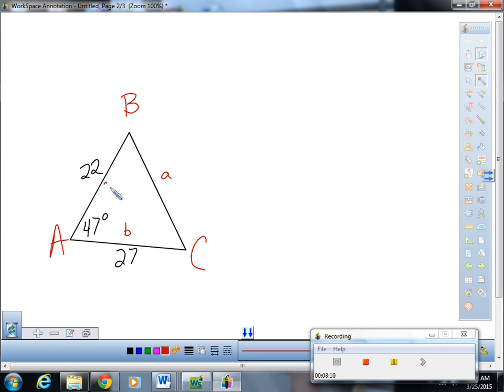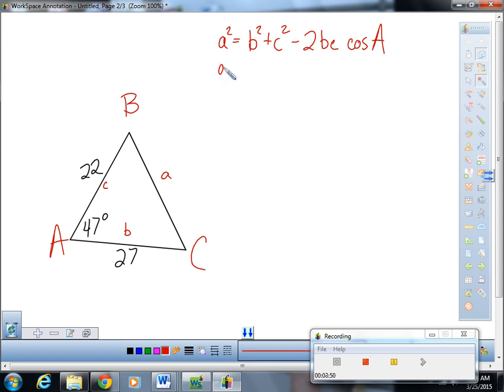For this one, we're going to say a squared. We know b and c, and we know capital A. So a squared is equal to b squared plus c squared minus 2bc cosine A. Now this is the easy version. When you're given SAS, you should be happy. Watch what's going to happen.